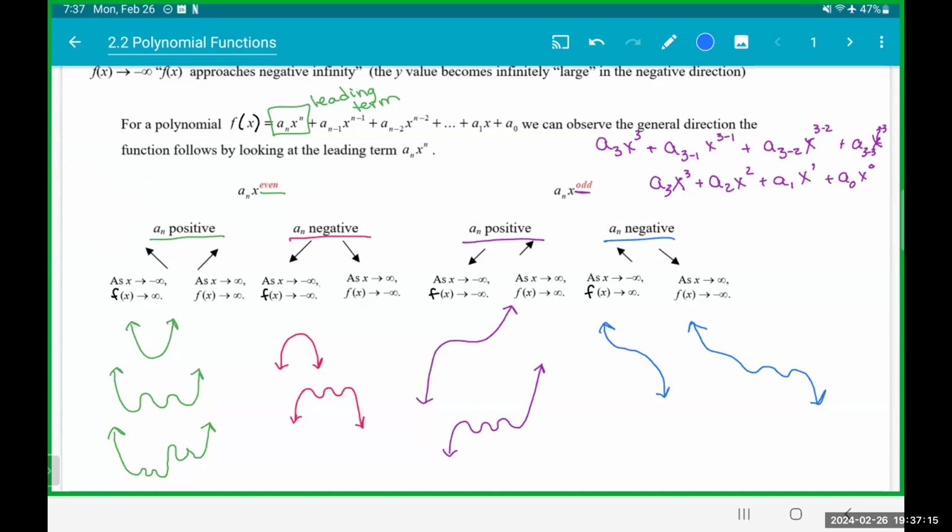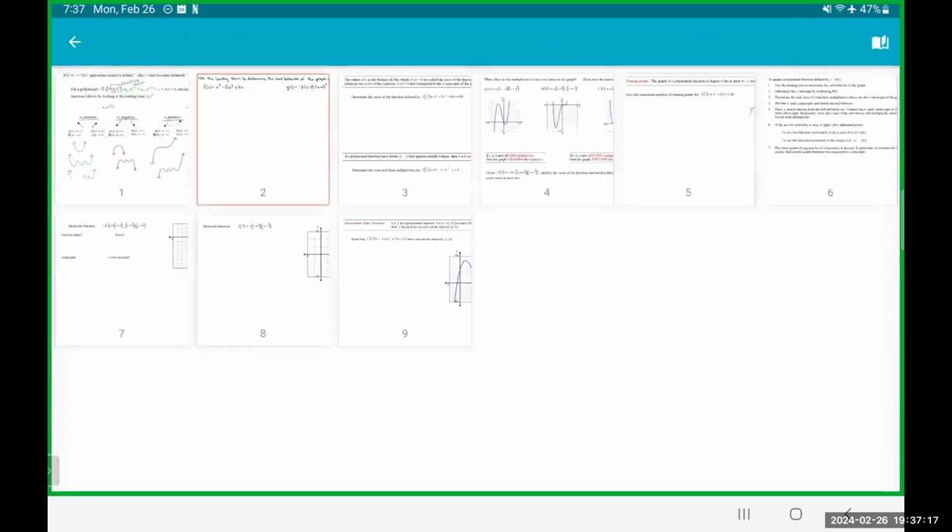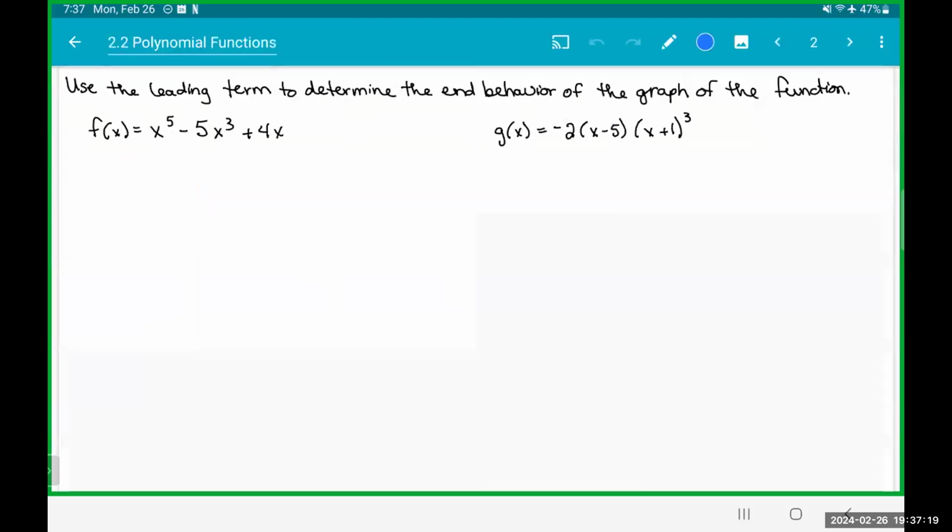So let's look at it in an example form. It only is dependent on the leading term, so we can single that out. Our leading coefficient here, we can see that this is positive, and we can see that this exponent is odd.